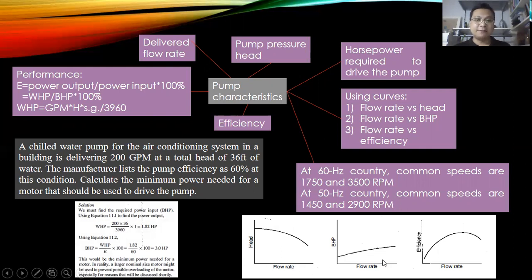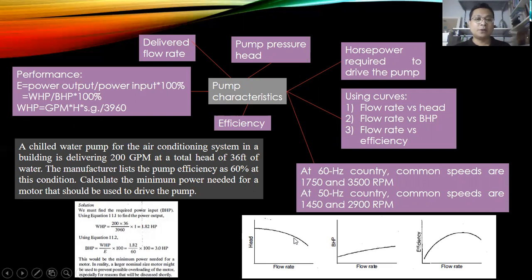So this graph is mentioned from the parameters, how we plot between the head and the flow rate. We will get the curve, BHP to the flow rate, and then efficiency to the flow rate. So we will choose the condition of the pump within this region.